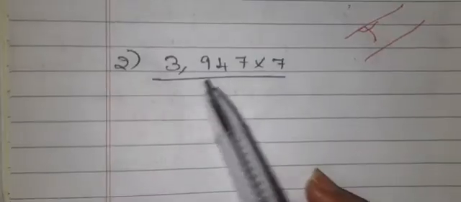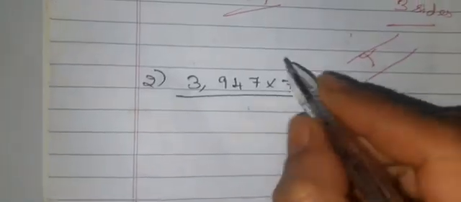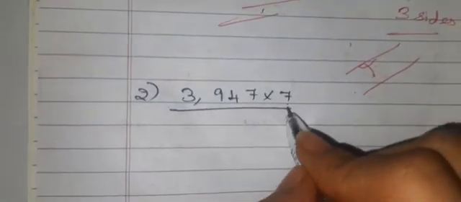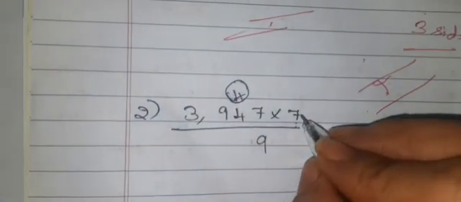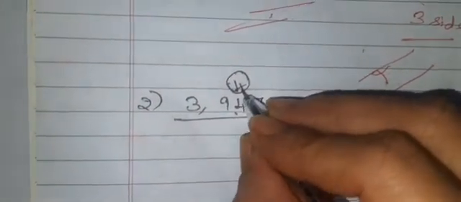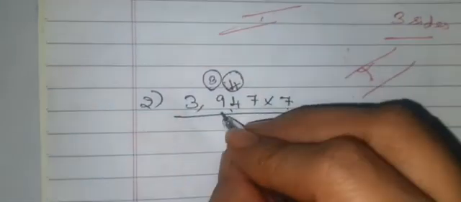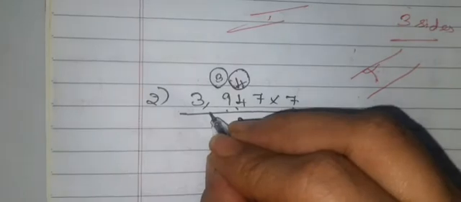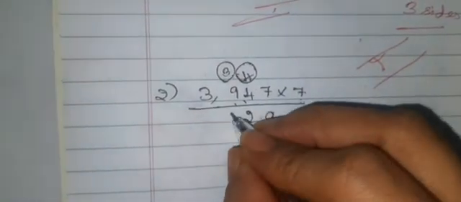Second problem, 3,947 multiplied with 7. Now you are going to multiply the 4 digit number with the 1 digit number. 7 7s are 49. Take carry over to the tens place. 7 4s are 28. 28 plus 4 is 32. Take 3, carry to the hundreds place. 7 9s are 63. 63 plus 3 is 66.